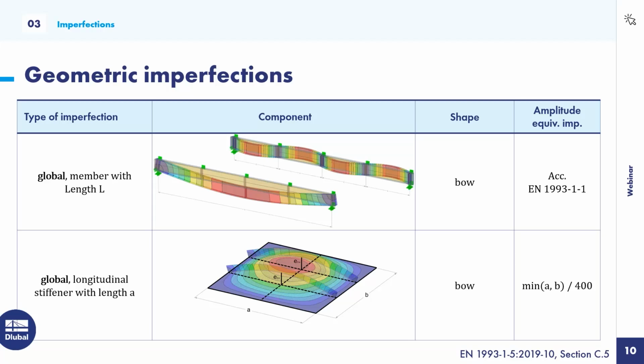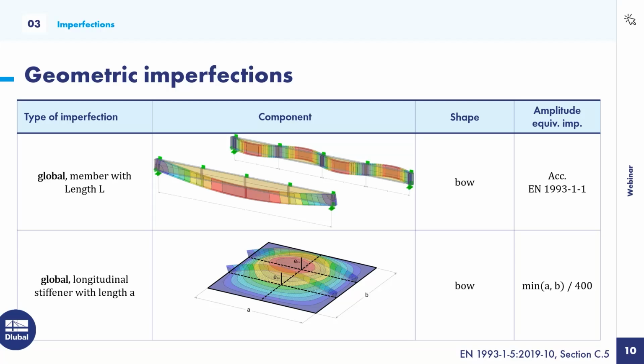So we would go to Eurocode 3.1.1 to check how large our imperfection amplitude would need to be. But before we do so, of course, we need to think about what type of bow imperfections are relevant for our case here. Since our girder is loaded in bending about the major axis only, we need only to consider imperfections for lateral torsional buckling.